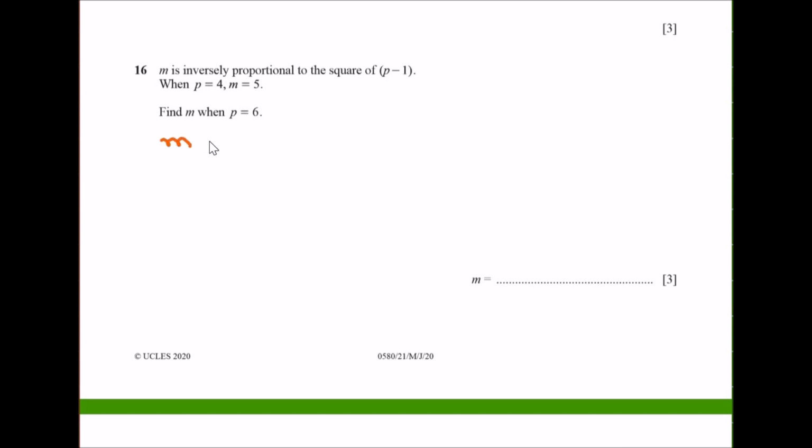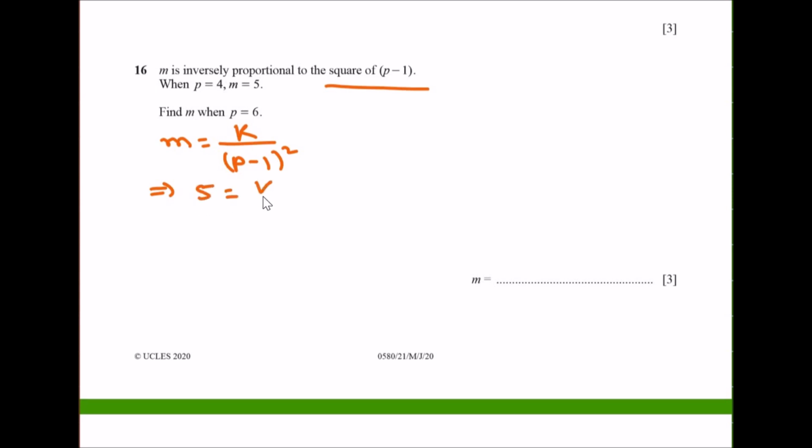So as it says, M will be K by (P minus 1) whole square. Okay. Now let us put the values.